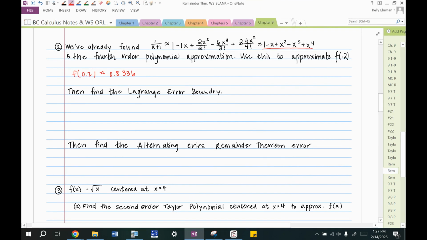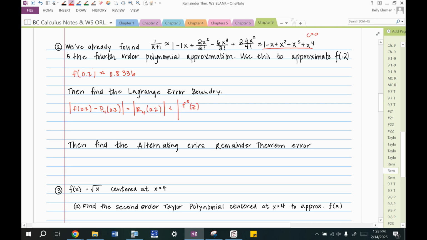Okay, then find the Lagrange error bound. All right, so what is the difference between actual f of 0.2 and my 4th order Taylor polynomial at 0.2? It's equal to the 4th order remainder at 0.2, which is less than or equal to the maximum of the fifth derivative at z, which is sitting somewhere between 0.2 and the center, which is 0.